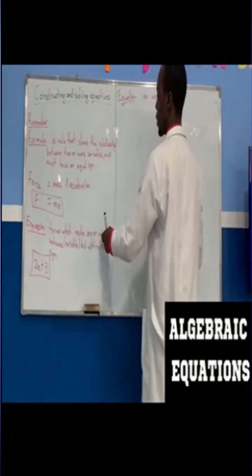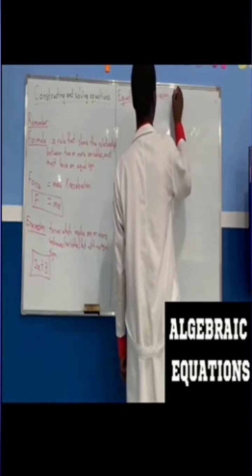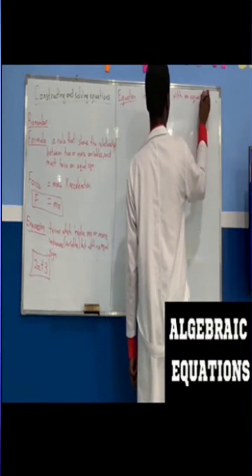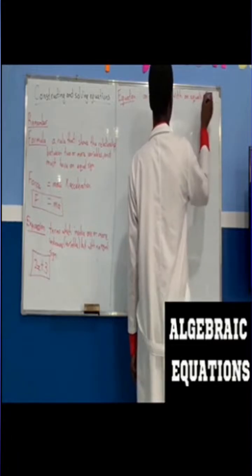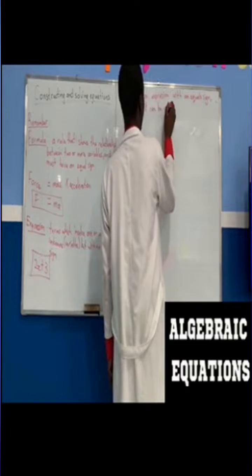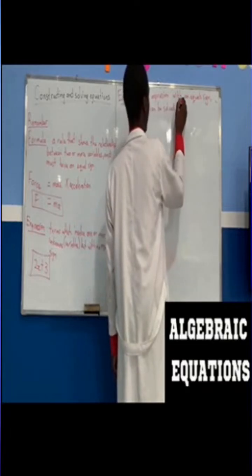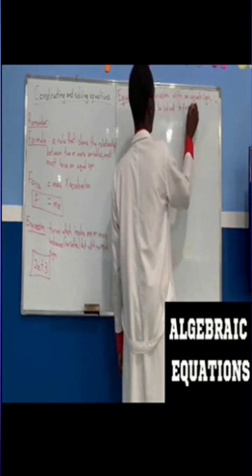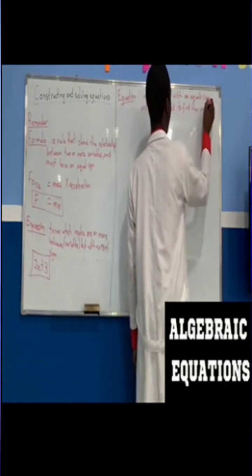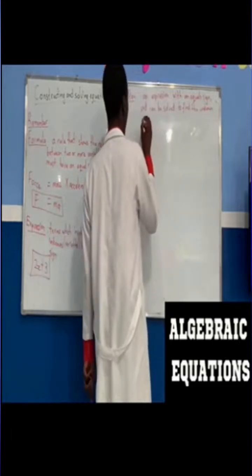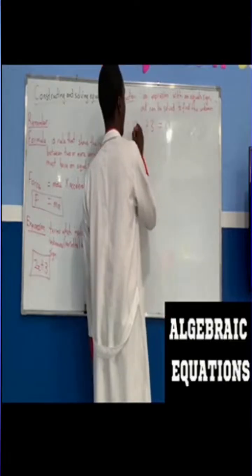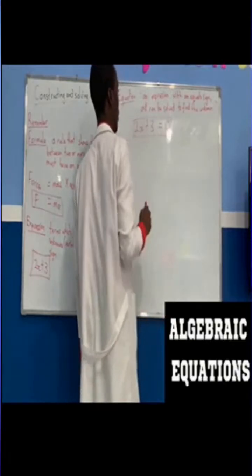The major differentiating factor between an equation and the formula is that the equation can actually be solved to find the value of the unknown number. So an equation is an expression with an equal sign and can be solved to find the value of the unknown. In this case, let's say for example, 2x plus 3 equals 0.